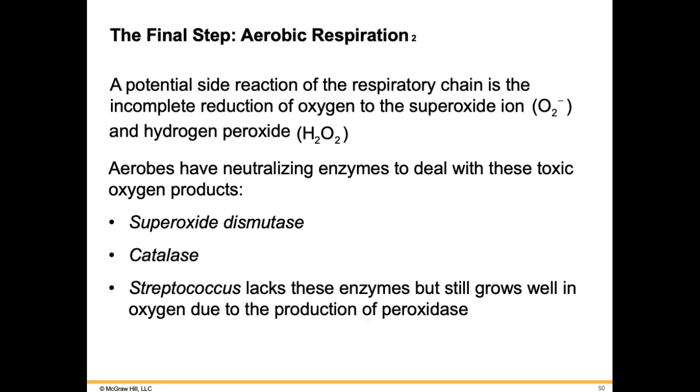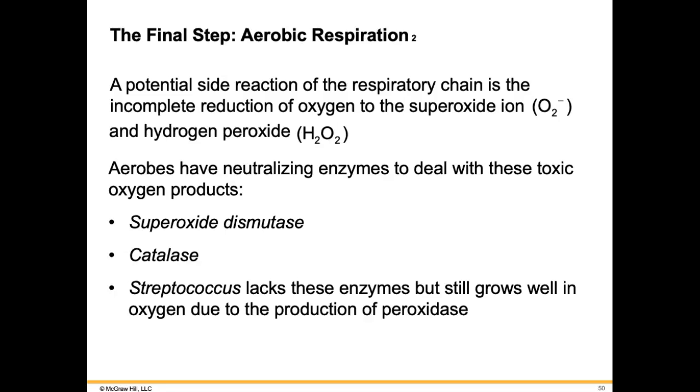This is important because I mentioned before that there are some byproducts, and some cells can handle those byproducts when oxygen is used, and some can't. A potential side reaction of the respiratory chain is the incomplete reduction of oxygen to superoxide ion and hydrogen peroxide. Aerobic organisms have neutralizing enzymes that deal with those toxic oxygen products.